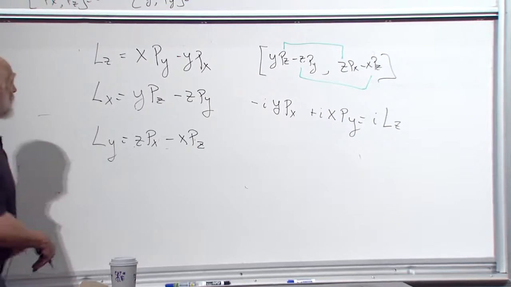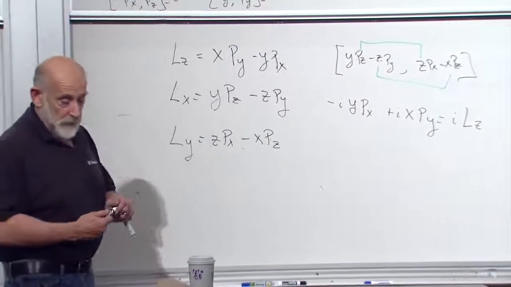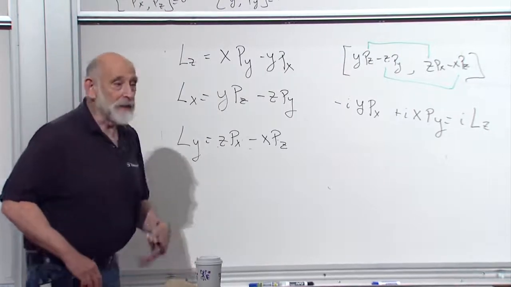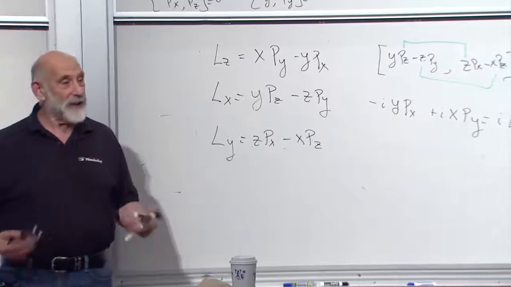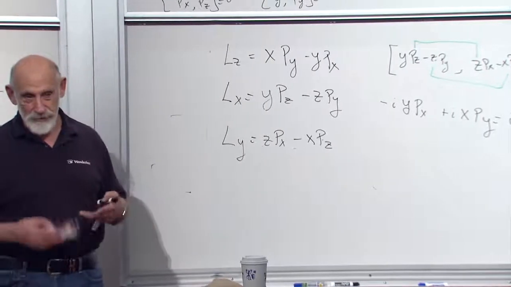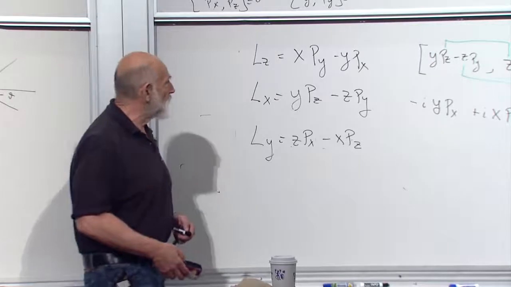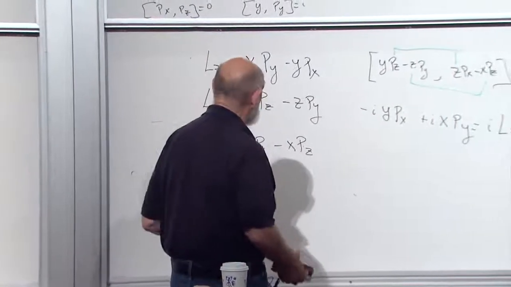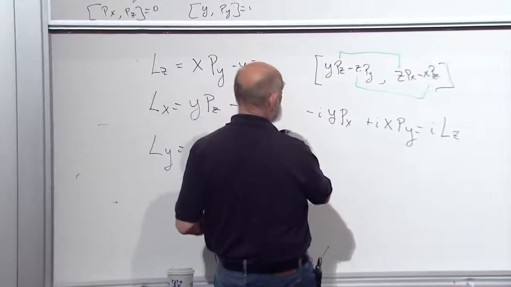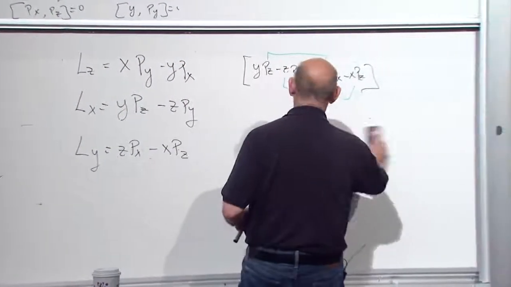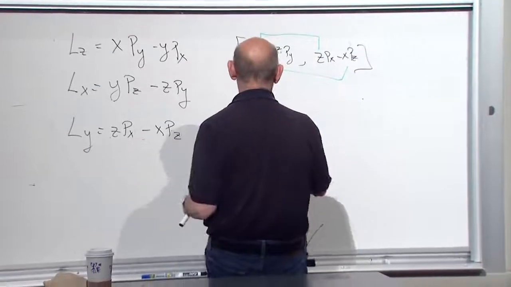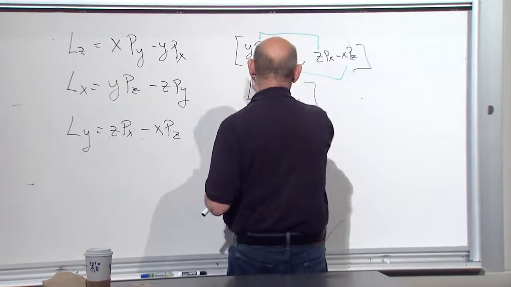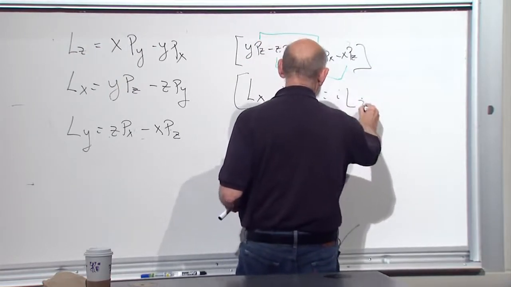And so now we can write down the general list of commutation relations. Notice that by commuting two angular momenta, we got a third one. There are only three. There's no way we're going to get more than three generators out of this sequence of commutations. And so the Lie algebra is just going to be the Lie algebra of the three components of the angular momentum. Let's write it down. Lx with Ly equals i Lz.